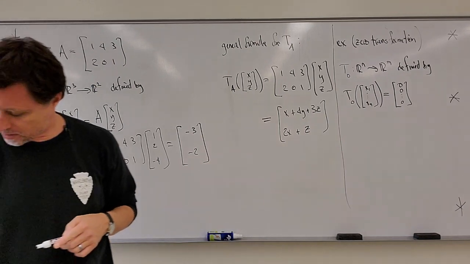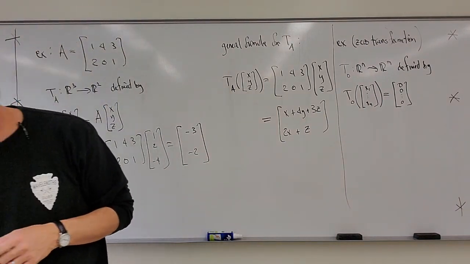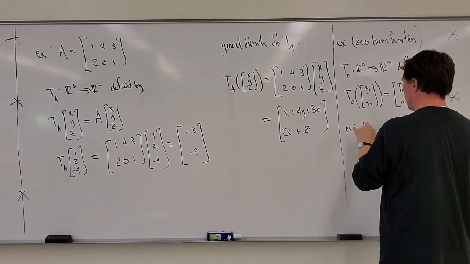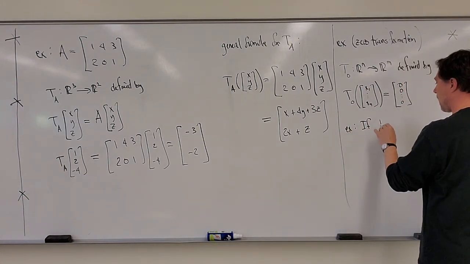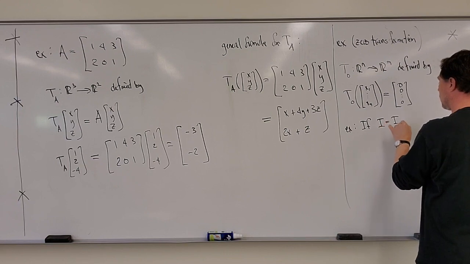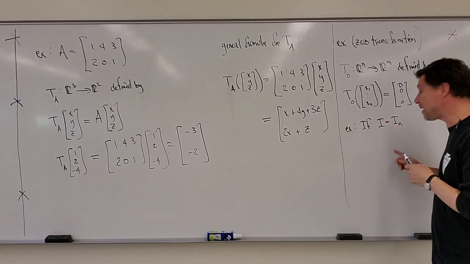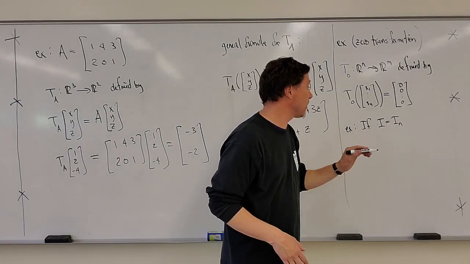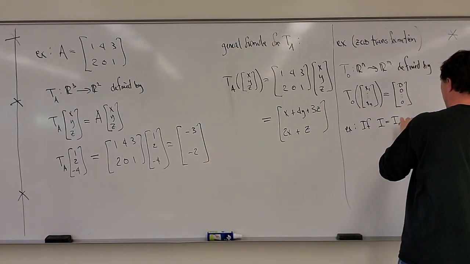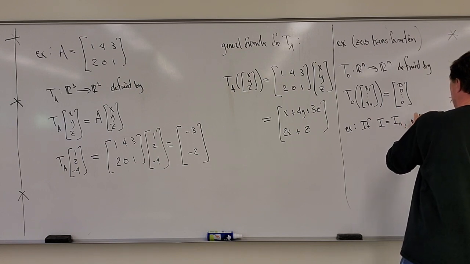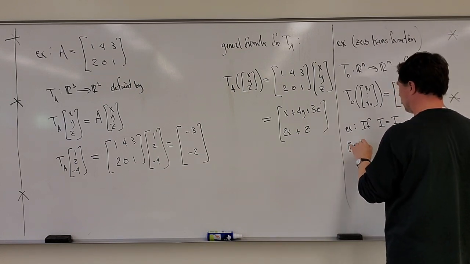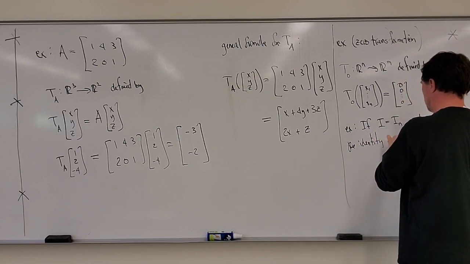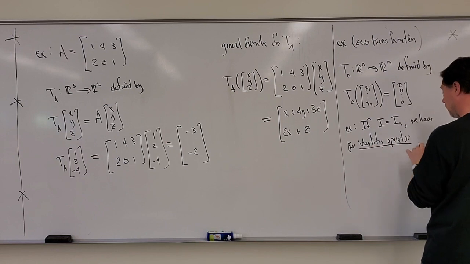There's also the identity operator. So another example, if I equals I sub n, the n by n identity matrix. Sorry, I keep stepping out of the shot there. So if I equals I sub n, we have the identity operator.